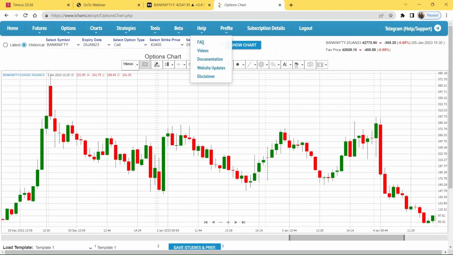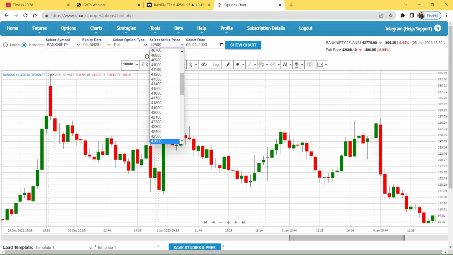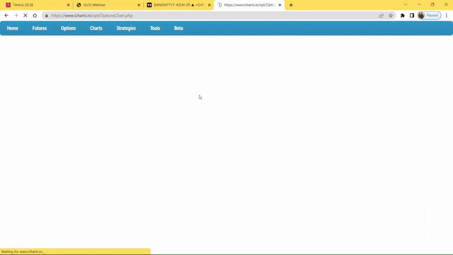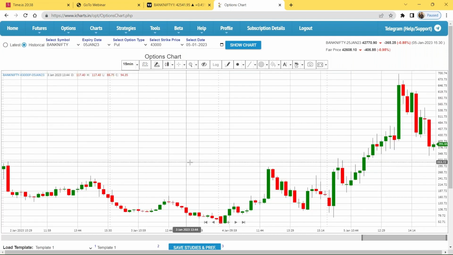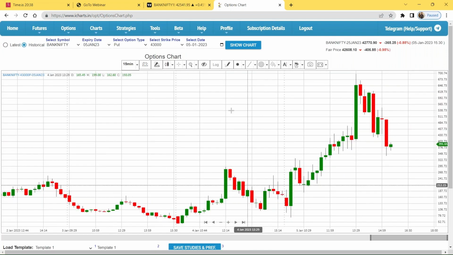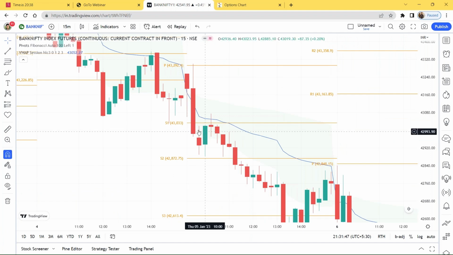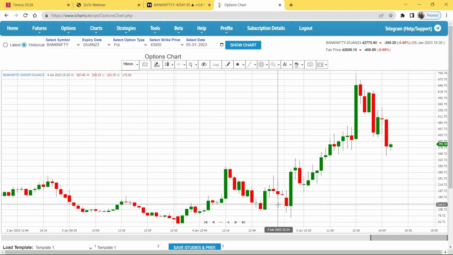So now let's go to the options chart. 5th January would be the expiry, put would be, and the strike price would be 43,000 put. Okay, so this is 5th of January, second candle.